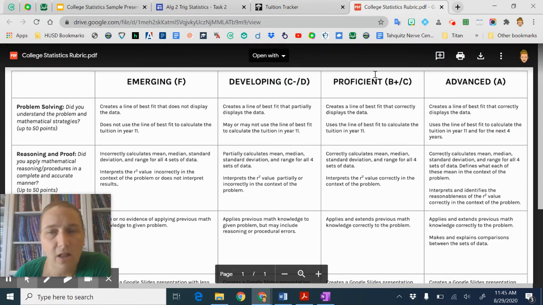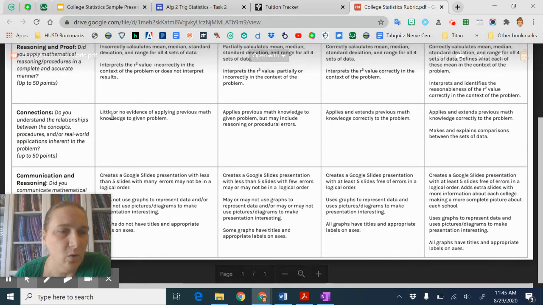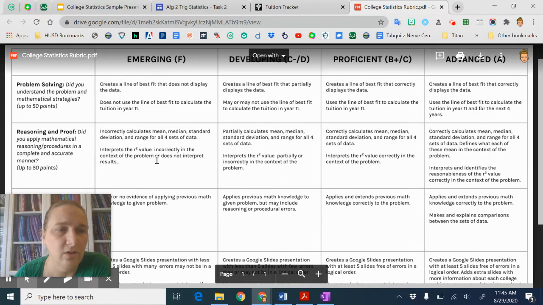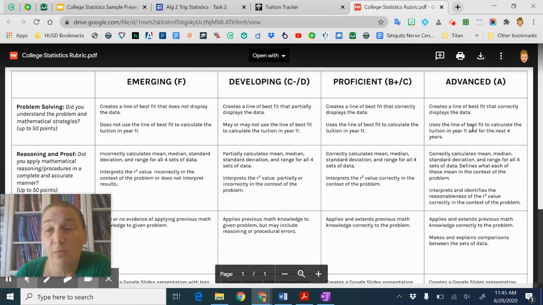The B and C column, that's fine, but why get a B and C when you know exactly how I'm going to give you an A, okay? Each one of these categories, problem solving, reasoning, connections, and communicating, all of those are going to be each worth 50 points. So I will do up to 50 points for each one of these rows, okay? So it's a 200-point task that will go into tests.